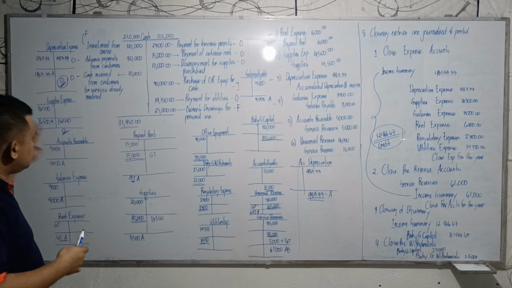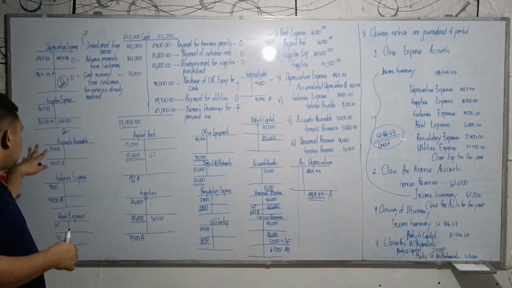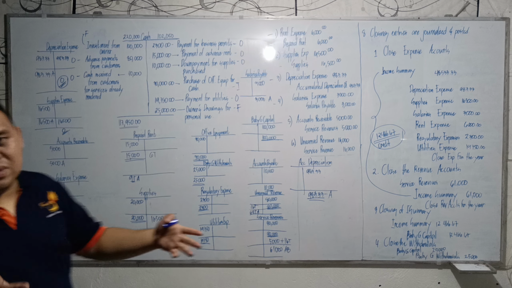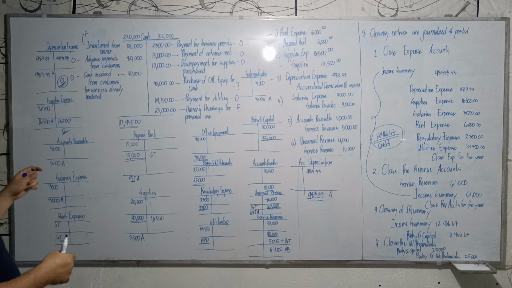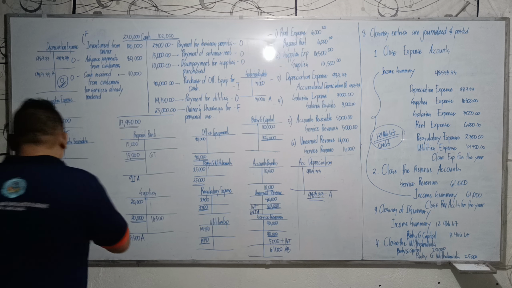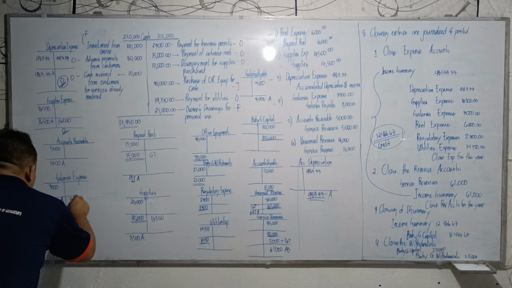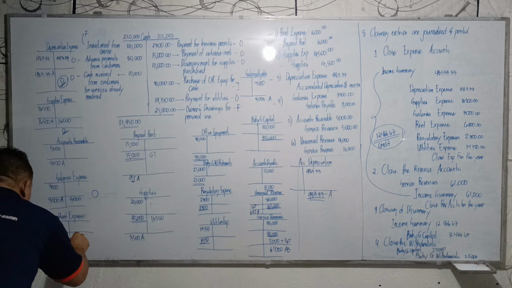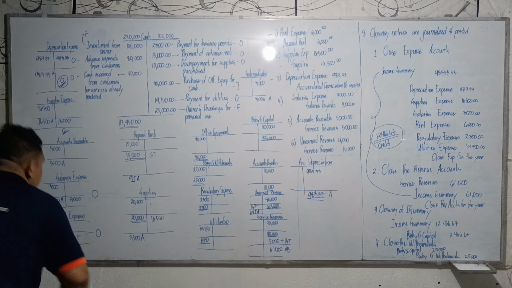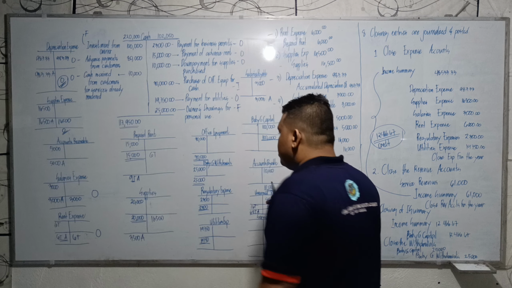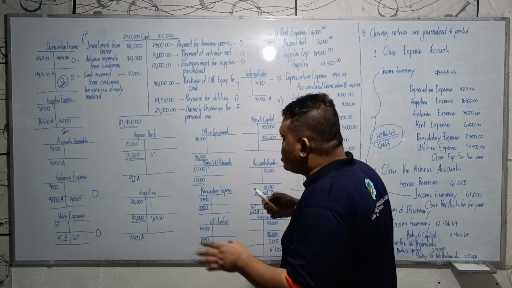Accounts receivable is not a temporary account, it's an asset account. So those are called real accounts. Okay? So we are not going to close that, and it's not in the entries. And we have salaries expense, we have to credit it, and it will become zero. Rent expense, we have to credit it, and it will become zero. And I am getting faster, it's because the schedule for brownout is coming.